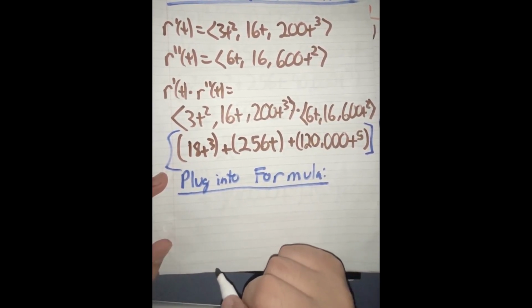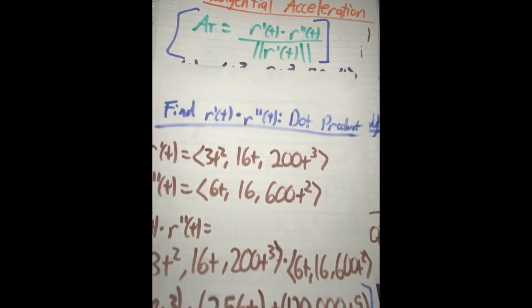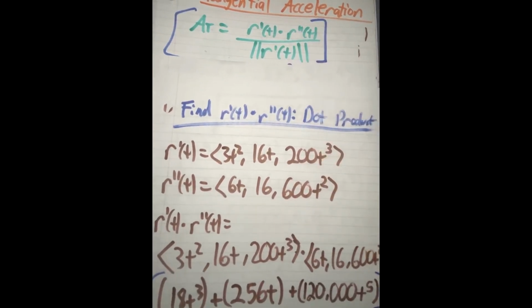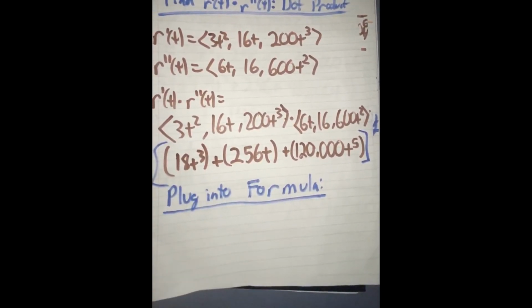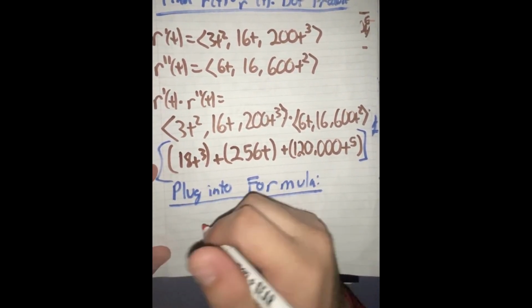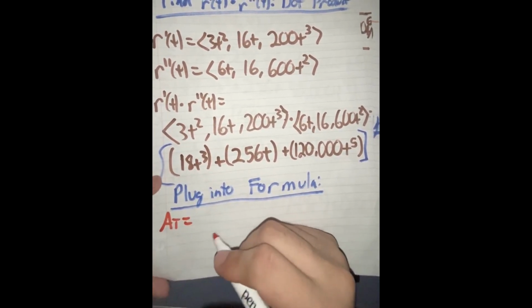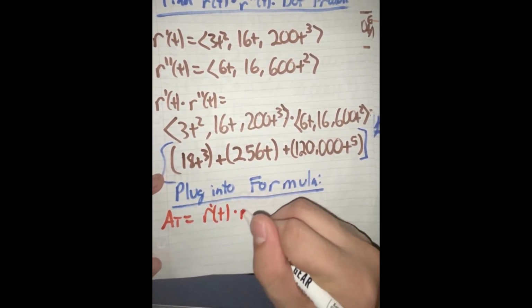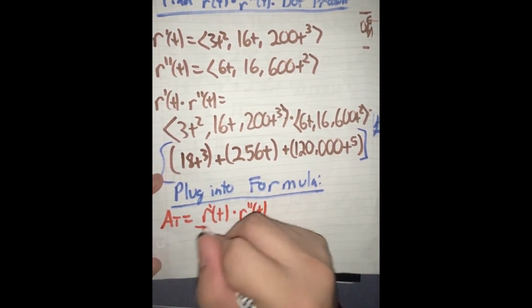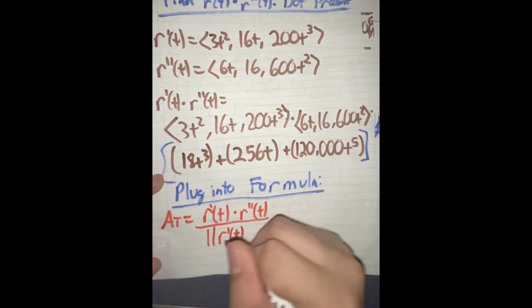The formula is that tangential acceleration is equal to r prime of t dotted with r double prime of t divided by the magnitude of r prime of t.